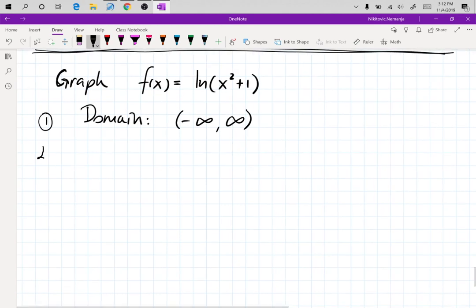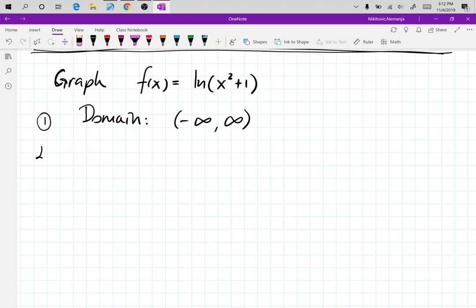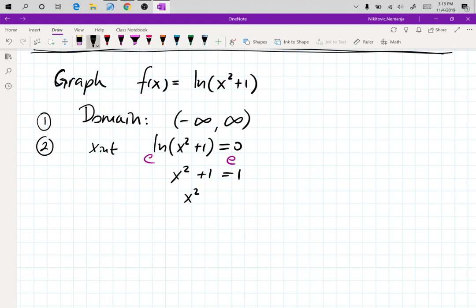Now we go into the x and y intercepts. For the x-intercept, we set ln of x squared plus 1 equal to 0. We exponentiate both sides to solve for x. We get x squared plus 1 equals 1, from where we get x squared equals 0, and x equals 0.